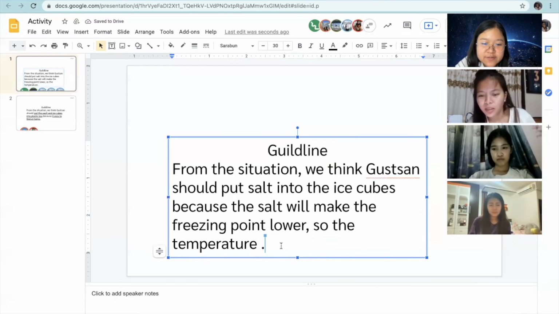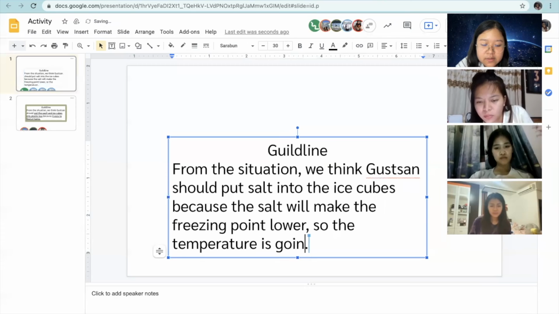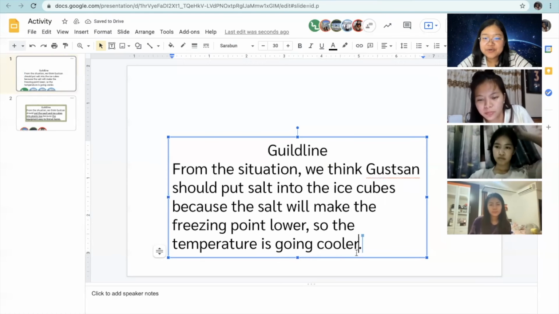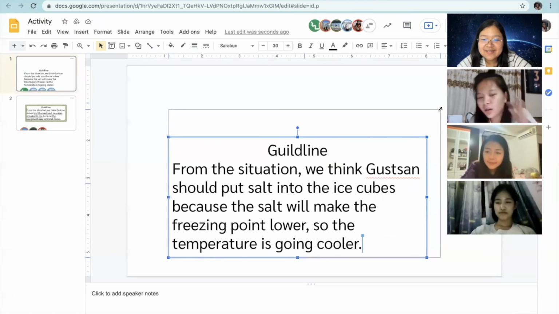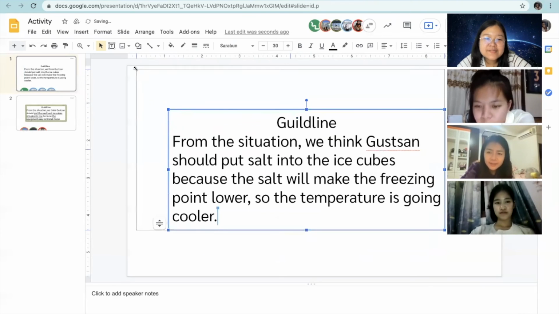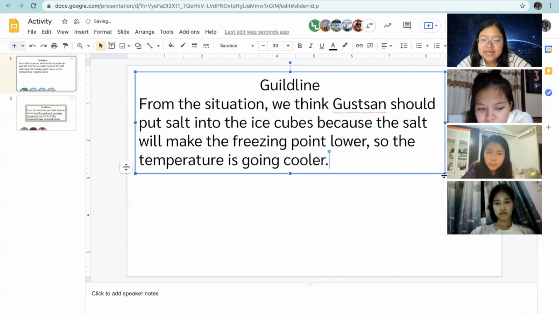Freezing point lower, so the temperature is going, oh sorry, it's going cooler. Okay. Do you agree with me? Yes. I think it's the correct answer. This is our answer.